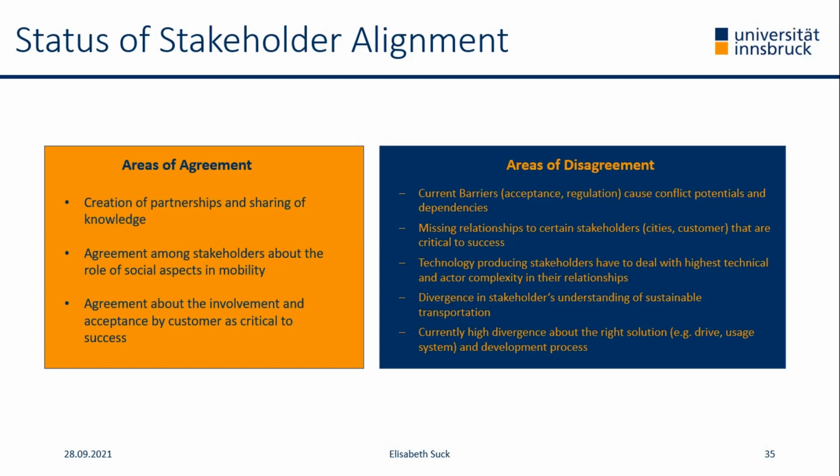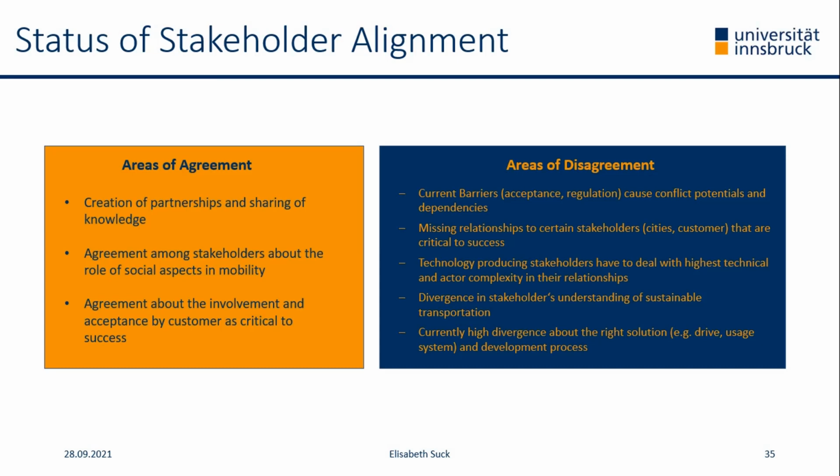ACES solutions. Then we have the technology producing stakeholders that have to produce this really complex technology, but they also have the highest complexity and tensions in this whole stakeholder network and in their relationships. So they are kind of in between two very huge problems.